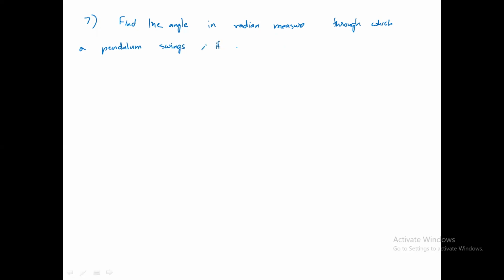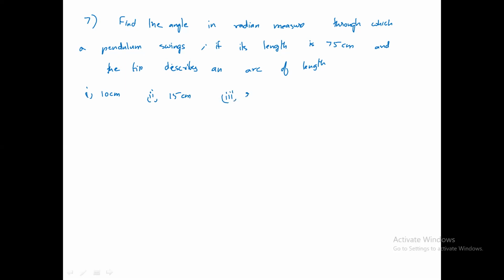If its length is 75 centimeters and the tip describes an arc of length, there are 3 cases: arc length 10 centimeters, arc length 15 centimeters, arc length 21 centimeters.